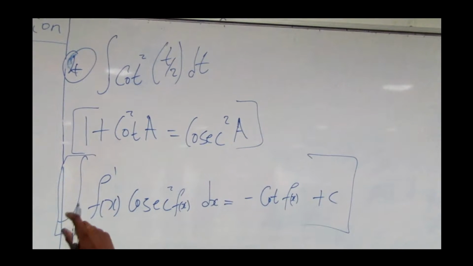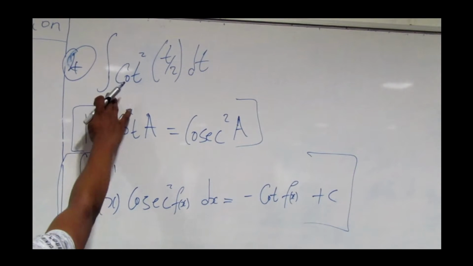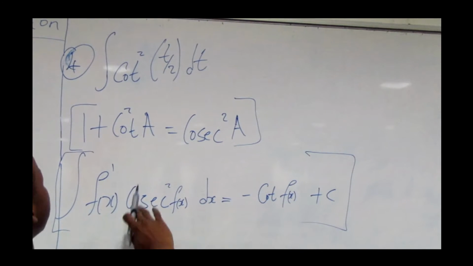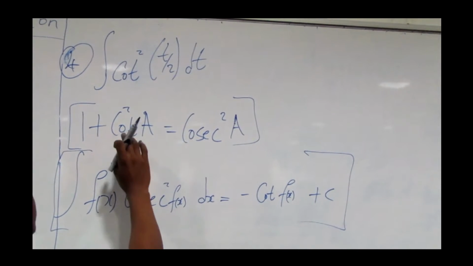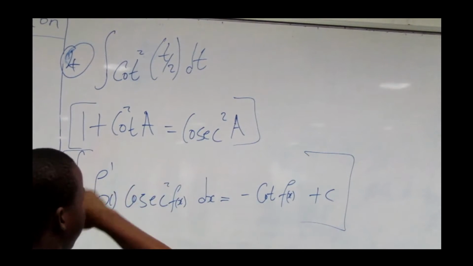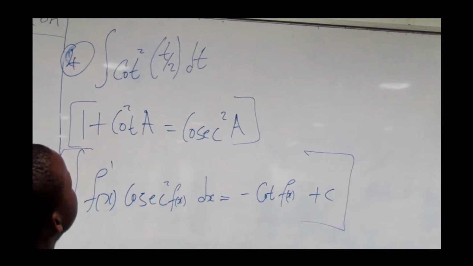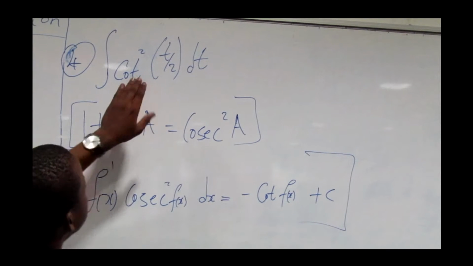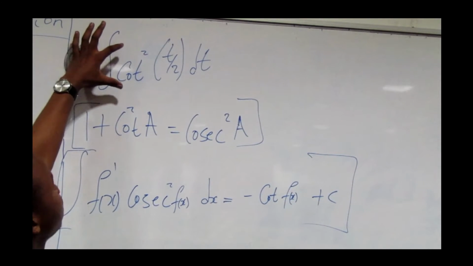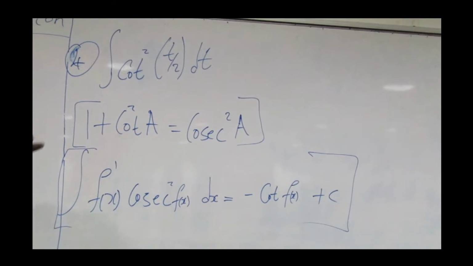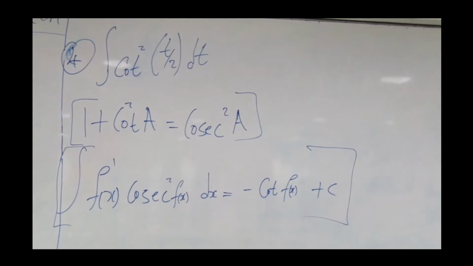So for us to integrate these, we need to make cot square A the subject of the formula, such that we relate this cot square A with this cot square t over 2. How do we make it?